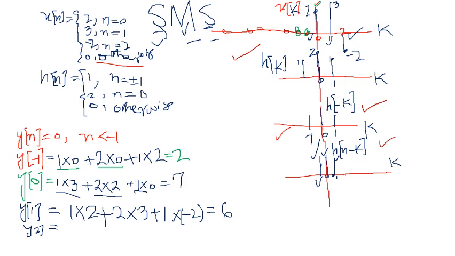I just write the answer, which is hopefully 6 minus 1, right? y of 2 equals -1. y of 3 is equal to -2.